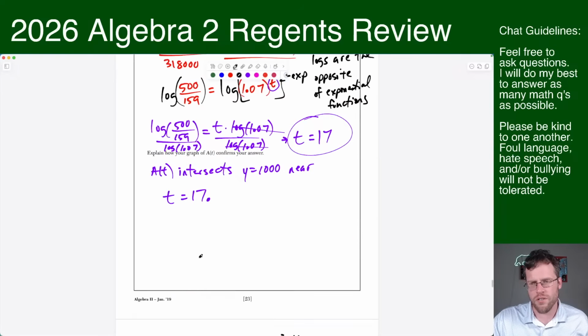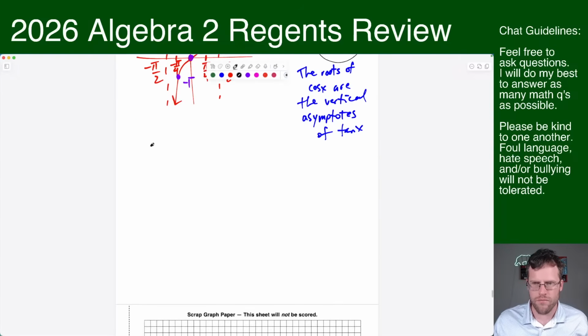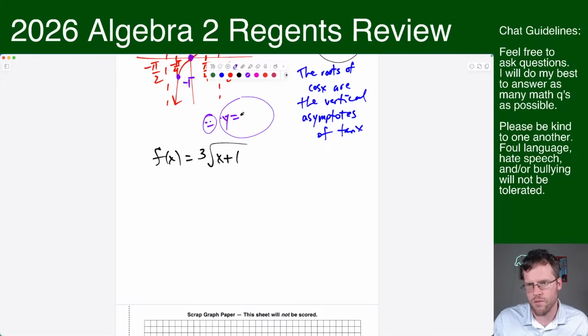Yeah, inverse functions is like when you have, I don't know, let's say f of x equals cube root of x plus 1. I just imagine this as y equals cube root of x plus 1. And then you switch x and y. So you say x equals cube root of y plus 1.